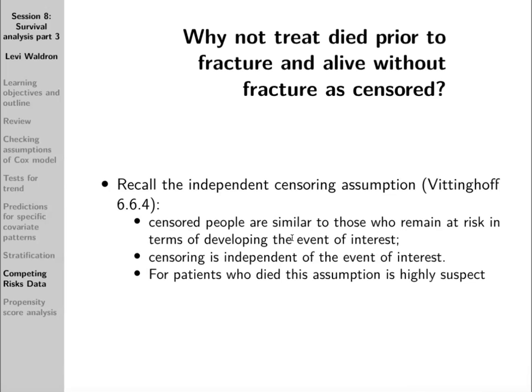So we have these two kinds of incomplete follow-up here, and why not treat them the same? So why not treat those who died prior to fracture the same as those who were alive without fracture, just as censored events? Well, recall that independent censoring assumption that censored people are similar to those who remain at risk in terms of developing the event of interest. That may be true for the patients who were alive without fracture at the end of the study, but it's certainly not true for those who had died without fracture.